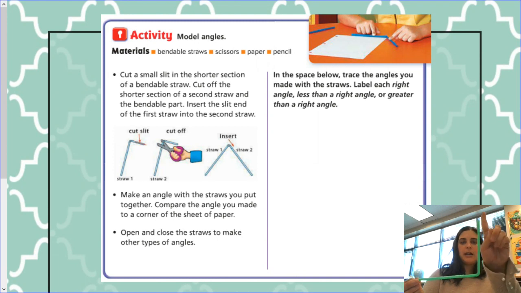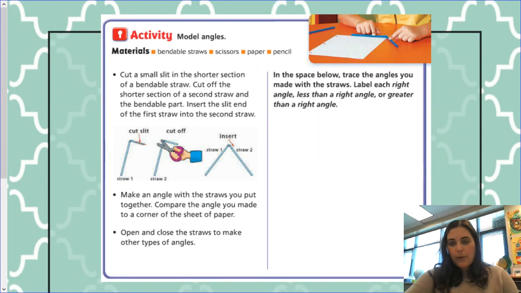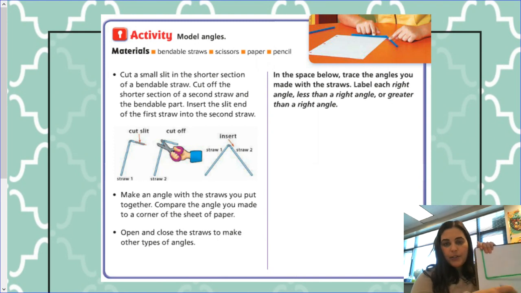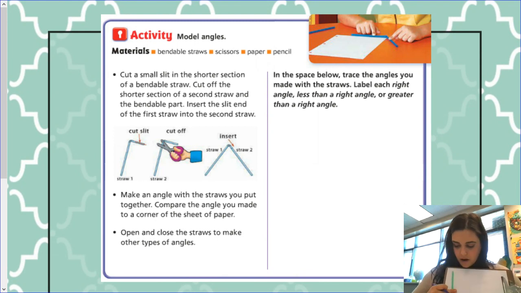One straw is going straight up to the ceiling. The other should be flat against a table or a desk. This would be a right angle. Now in your book, I'm going to show you what I want you to do. I'm just going to do it on this paper. You're going to use the space given. I want you to draw a right angle.